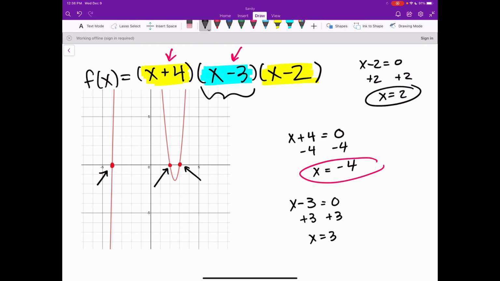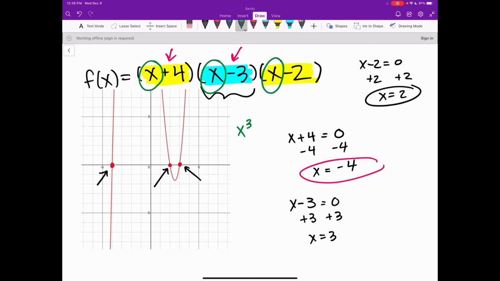We also know that this is a cubic function, because eventually if I had to FOIL all of these out, I see that I have 3 x's. Eventually I'm going to have to multiply all of those together, and you would have an x cubed as your first term in your standard form, right?